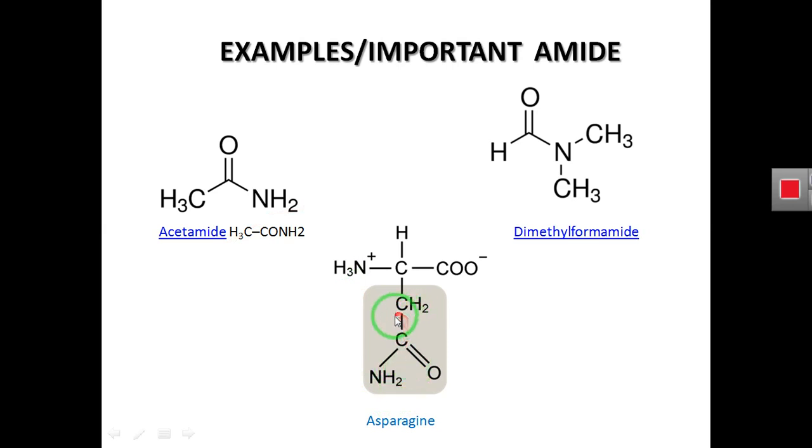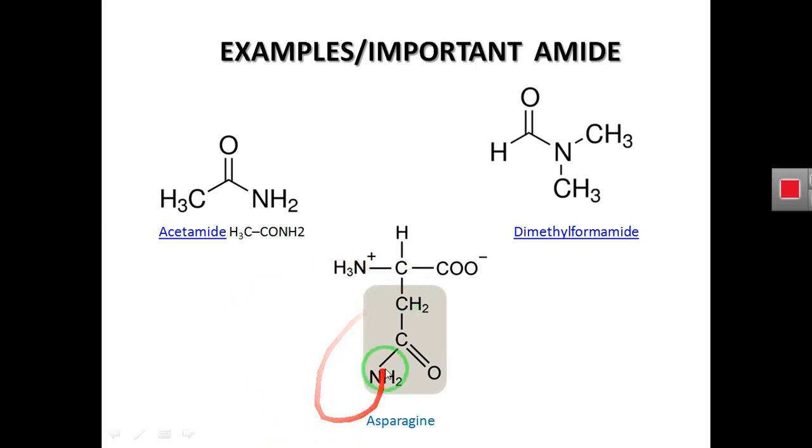It means these smaller amino acids join together and form a chain of amino acids that we call a polypeptide chain or a peptide chain. And what is this polypeptide chain? It is actually a protein molecule that is made up of small amino acid residues.